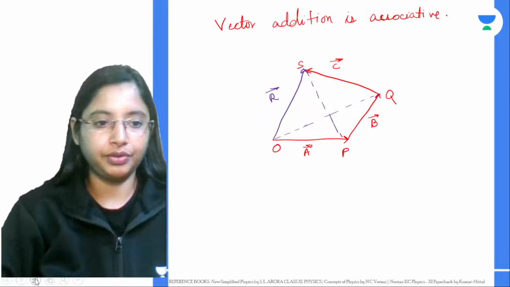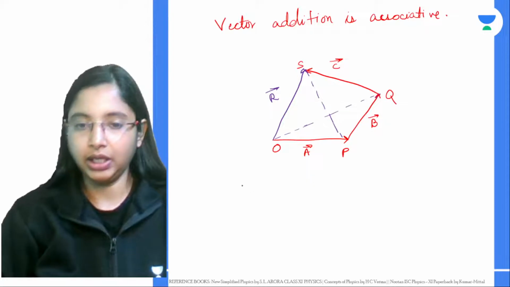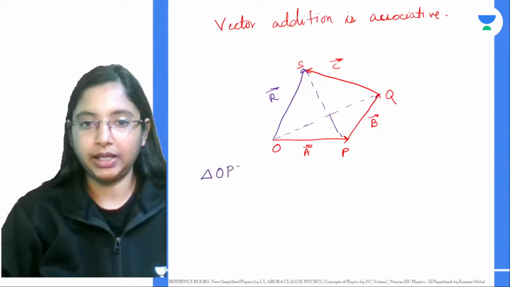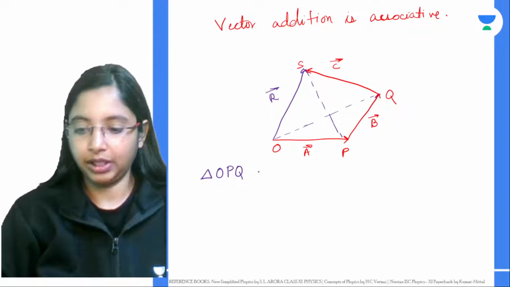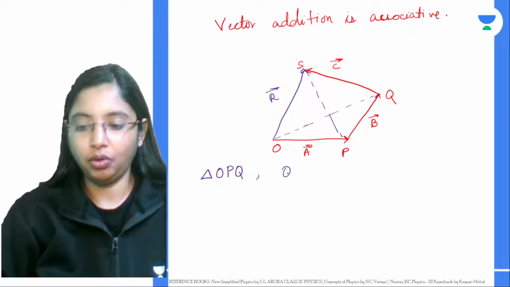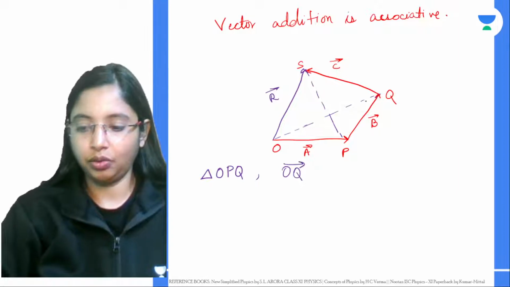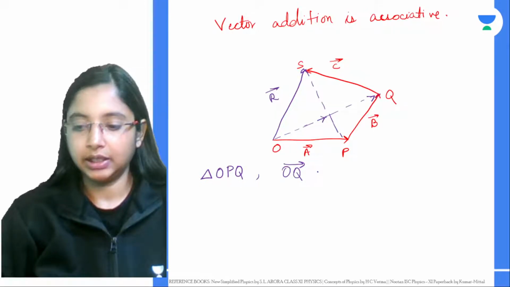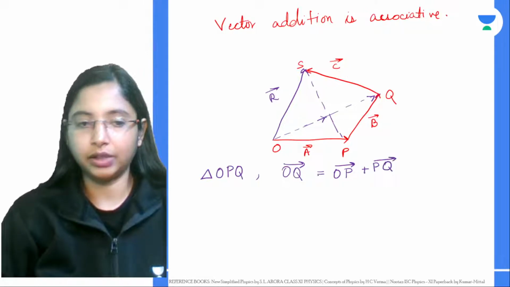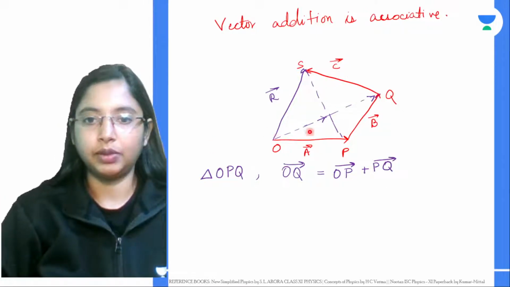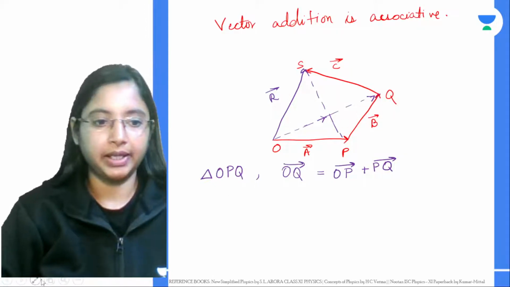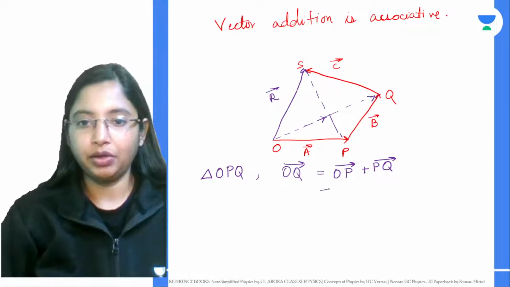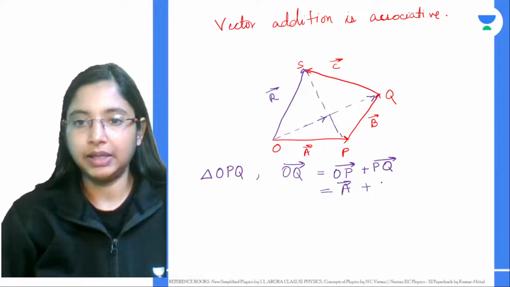Here, in triangle OPQ, we can see that this side OQ is equal to OP vector plus PQ vector. This side is equal to this vector plus this vector, which means OP is A vector plus B vector.